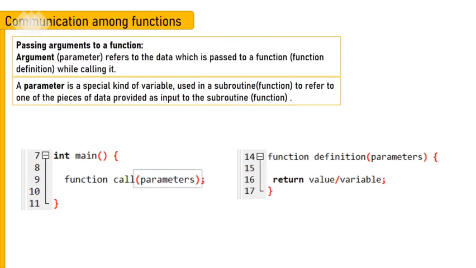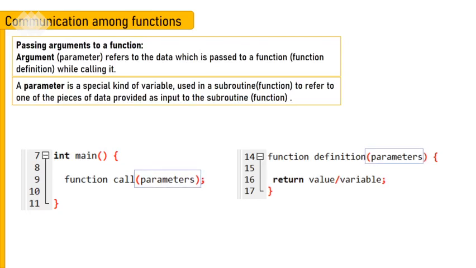Meanwhile, the list of variables situated in between parentheses in the function call statement and in the header of the function definition are known as parameters. These parameters are used in a subroutine or function to refer to one of these pieces of data provided as input to the subroutine or function.